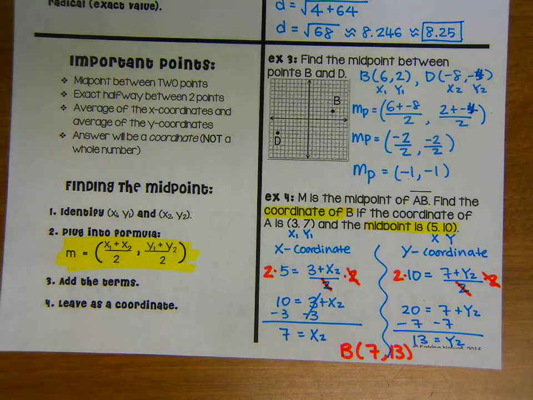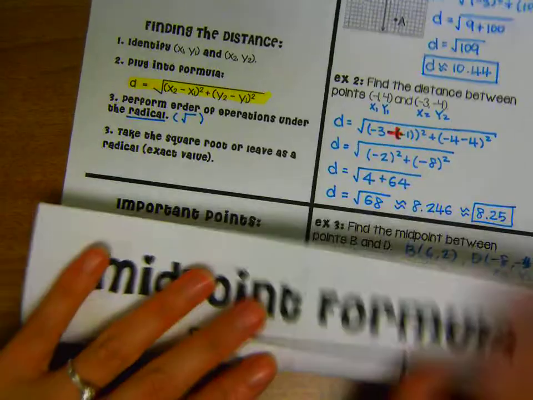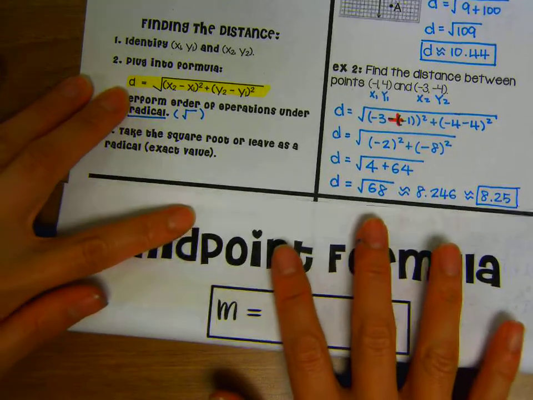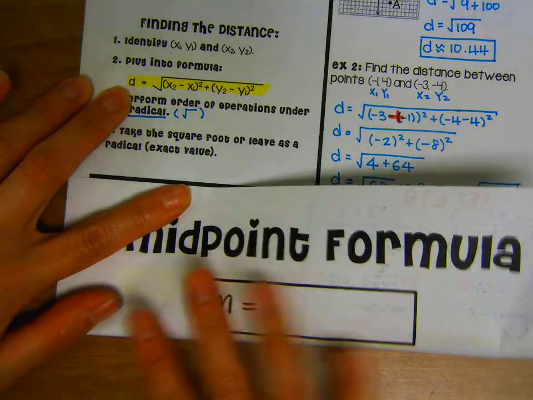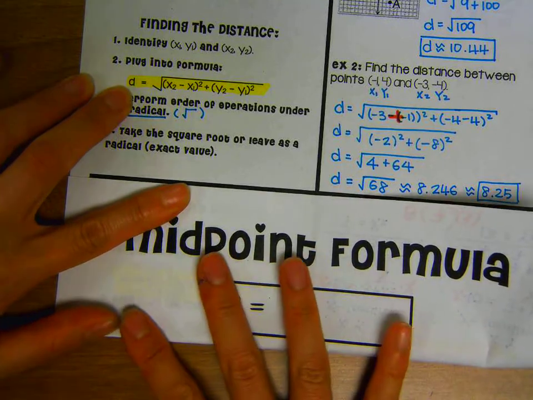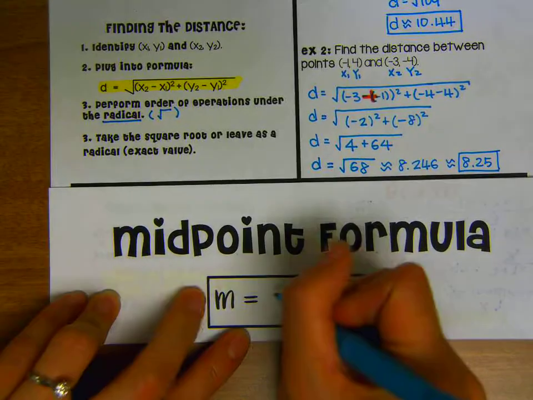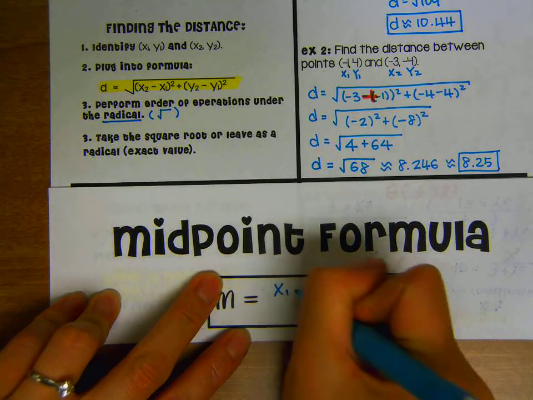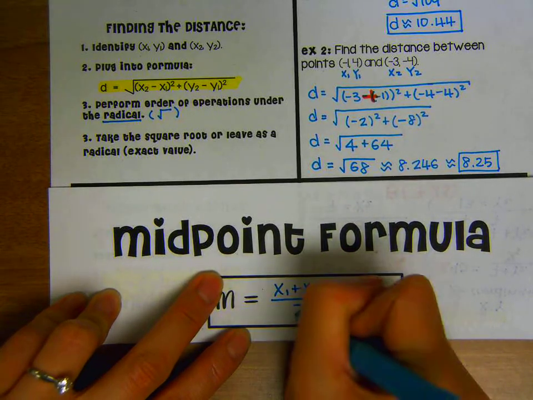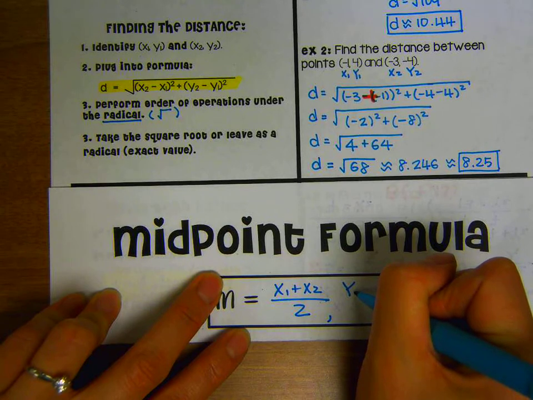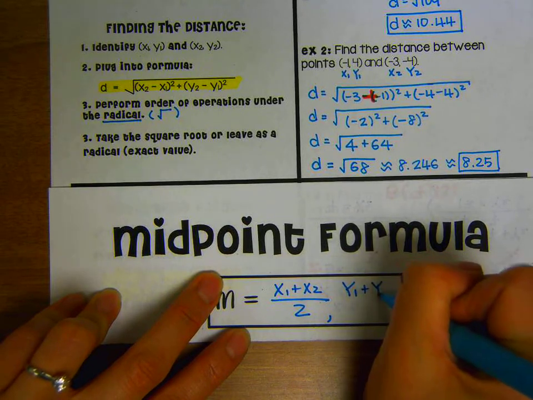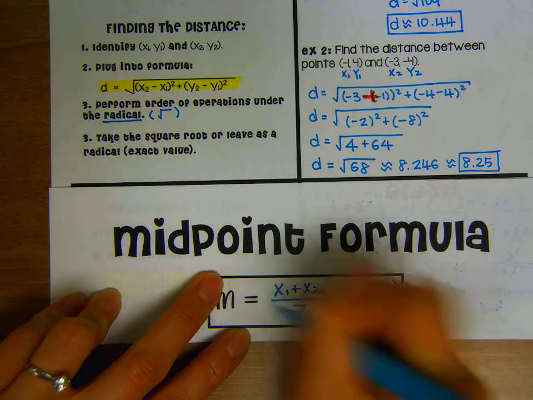Now what we're going to do is fold it. I'm sure this is the midpoint formula. You have to fold it not in half, but in one fourth. And I want you to write down the midpoint formula, which is x1 plus x2 over 2, and y1 plus y2 over 2.